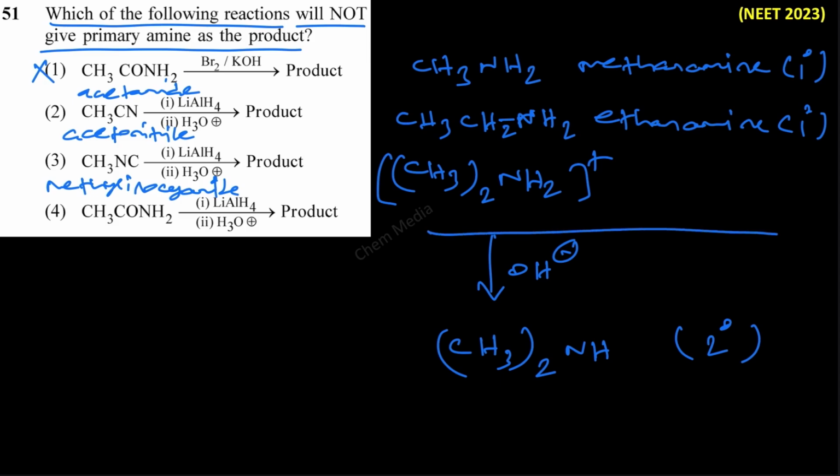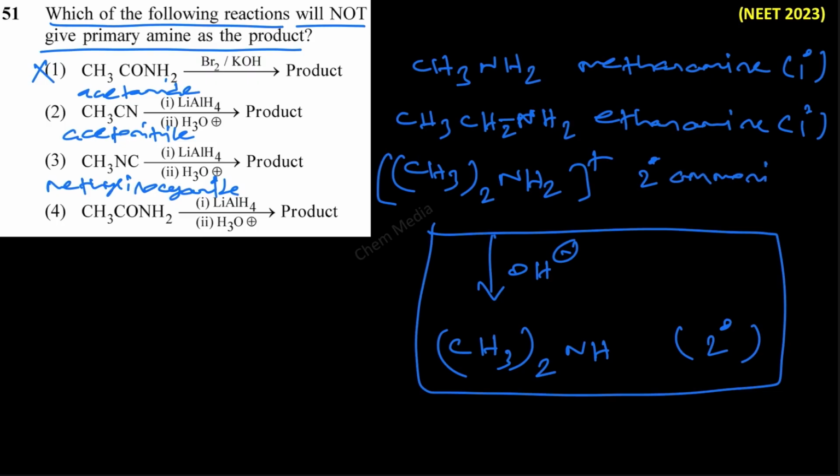This step is not mentioned in the question. The base neutralization is not mentioned in the question. It is just mentioned as lithium aluminum hydride followed by acidic hydrolysis. If we stop at the stage of acidic hydrolysis, we can only get secondary ammonium salt. We won't get the dimethylamine.